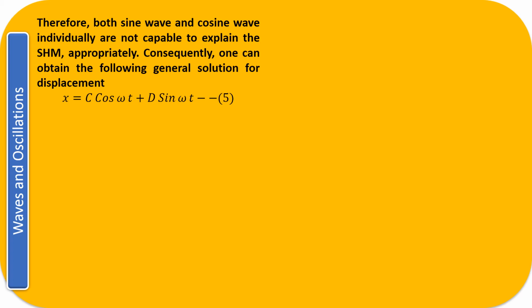Consequently, one can obtain the following general equation for the displacement. So the general equation should be x equal to c cos omega naught t plus d sine omega naught t. So this should be your solution.